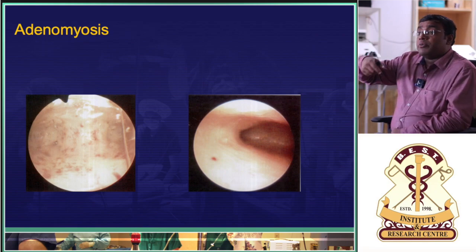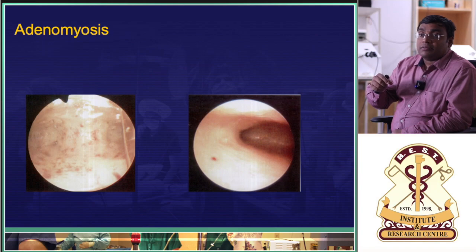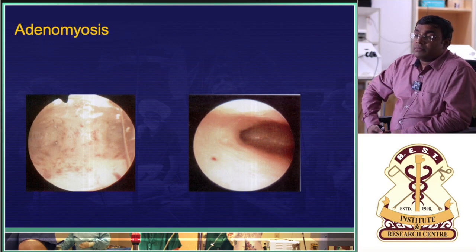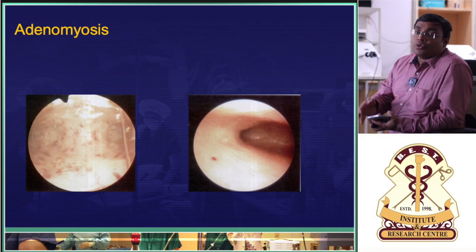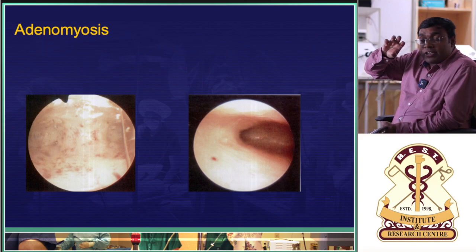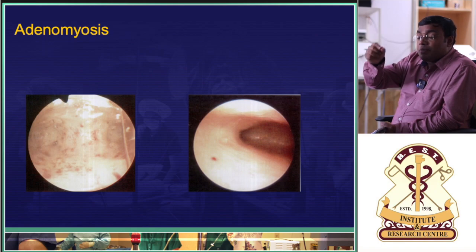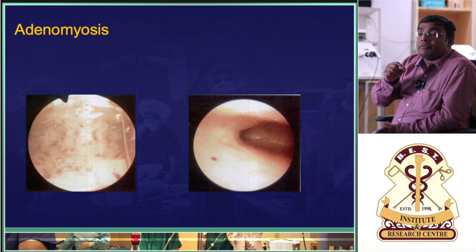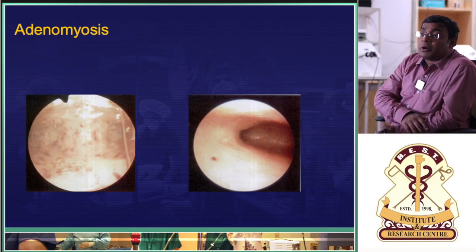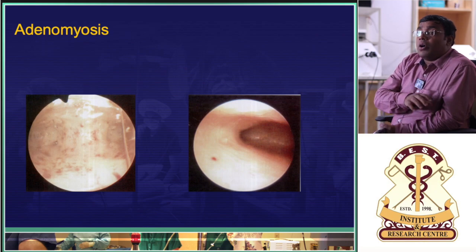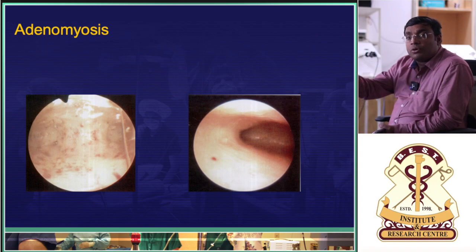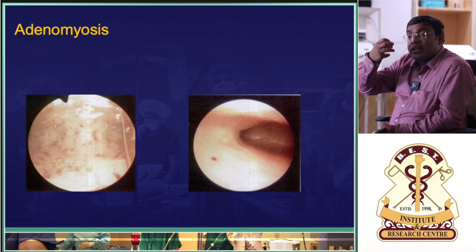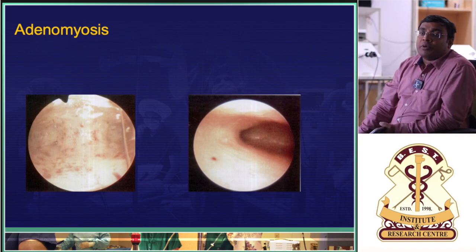So subendometrial blood clots are seen, and then these spots are seen. Crevices. So adenomyotic crevices are seen, fibrous adhesion bands are seen in the fundus. You can see the deer spotted appearance. And you can see brownish fluid coming out of the crevices or the glands in adenomyosis.